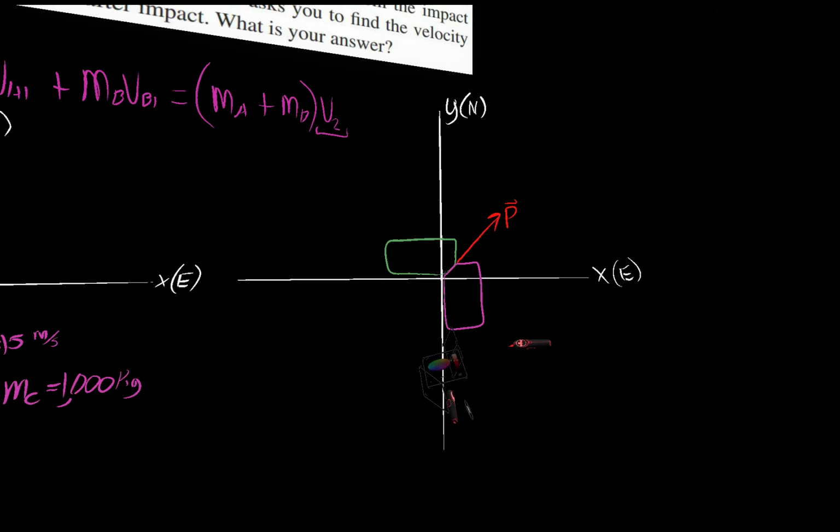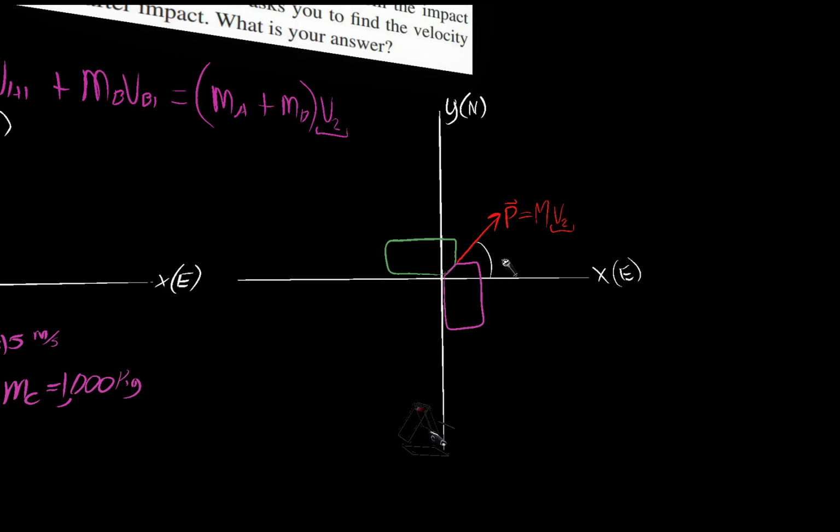And all that we want is to find that vector, because within that vector is the combined mass. So I'll just do mass times v_2, and this is what we want. So if we can find this final momentum vector, then we can find the magnitude of v_2 and the direction of v_2.